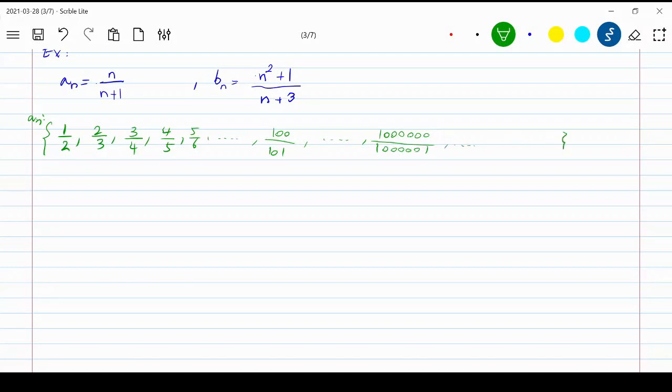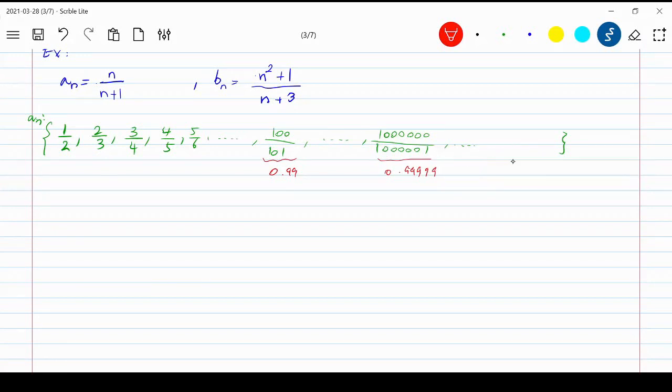Now, our idea is, what happens if we let n be as large as possible? What happens to these numbers? Are they approaching a certain value? You can use decimal values to estimate, but what you can see is that this is close to 0.99, and this would be close to 0.9999 something in this form.